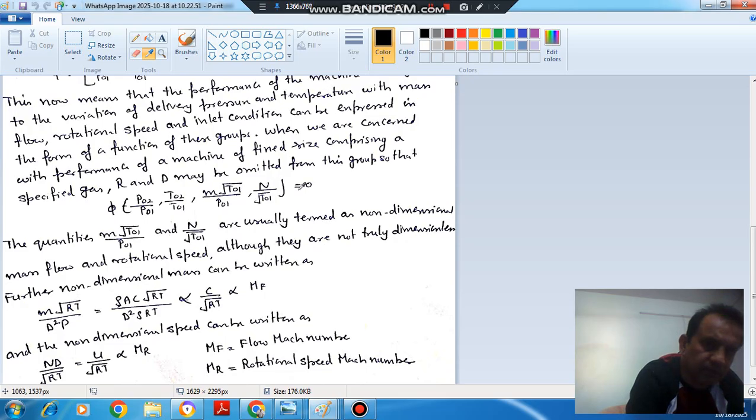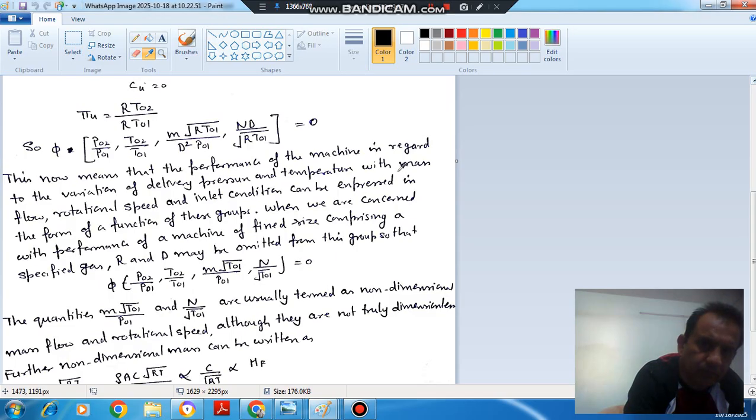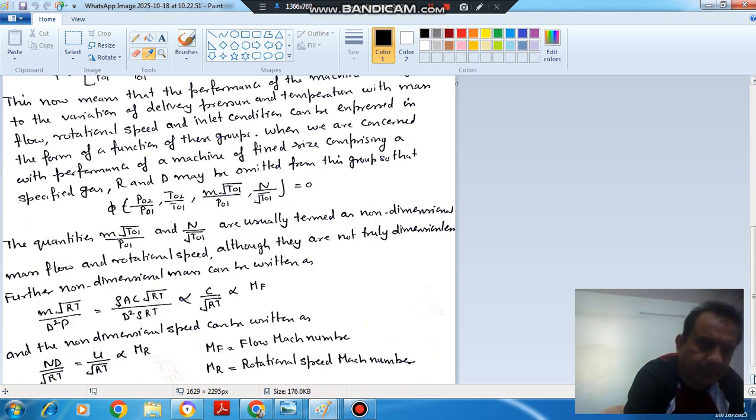Similarly, if you take the other part, N D by root RT, N D is some speed, so this is U by root RT.